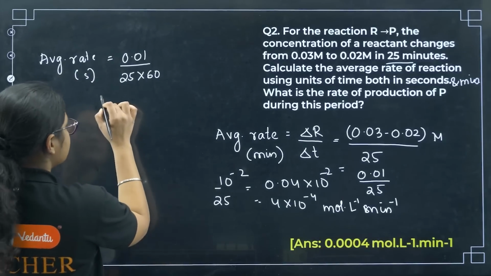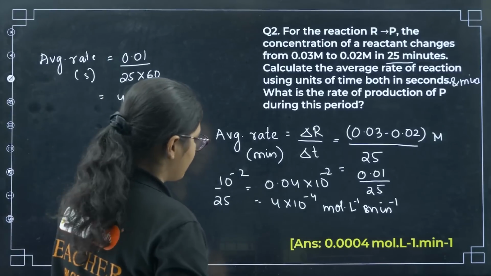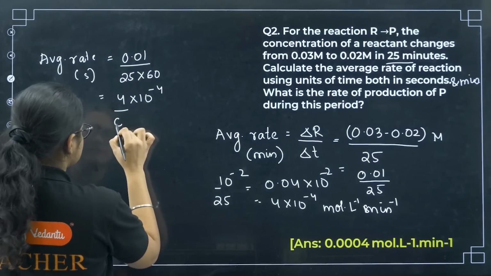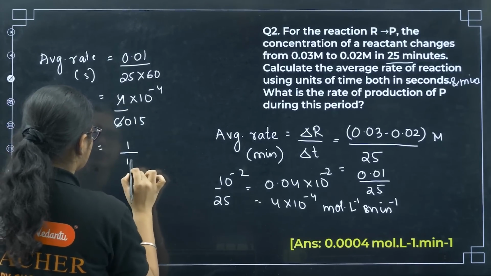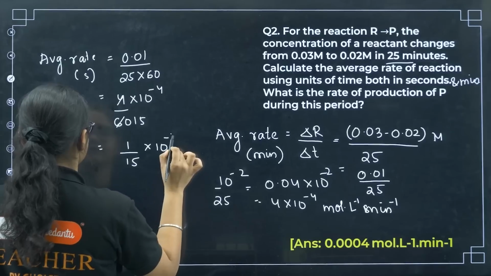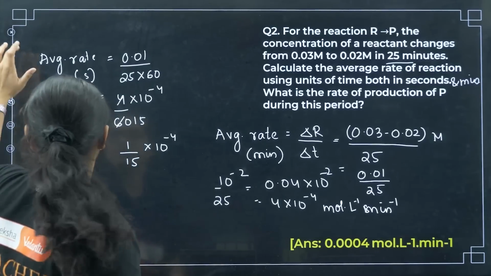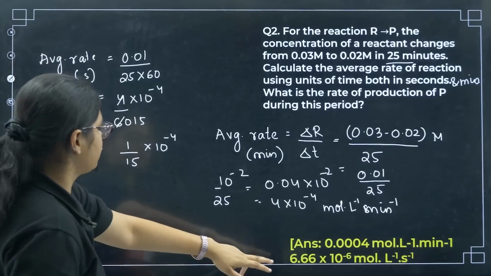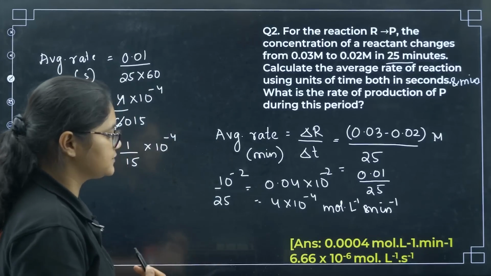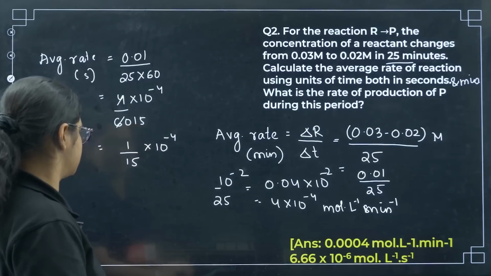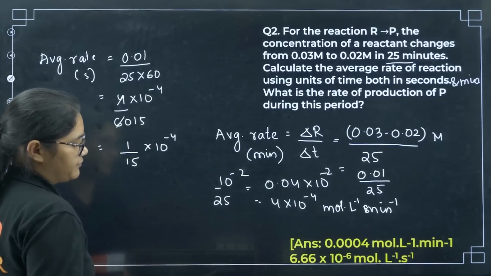I'll get 4 into 10 to the power of minus 4 divided by 60. So I can write 1 by 15 into 10 to the power of minus 4. Then you can solve this and get the answer. This will come as 6.66 into 10 to the power of minus 6 mole liter inverse second inverse. Yes, 15 6s are 90, that's why we will get this.